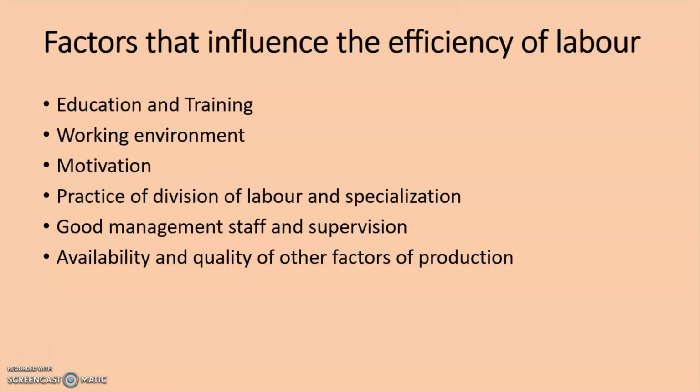No matter how good you, the labor, are, if your land is not efficient, if your capital is not efficient, if the entrepreneur is not efficient, then there is no way you, the labor, will also be efficient. So the efficiency of the other factors of production will help the labor to also be very efficient to work and then produce goods and services.